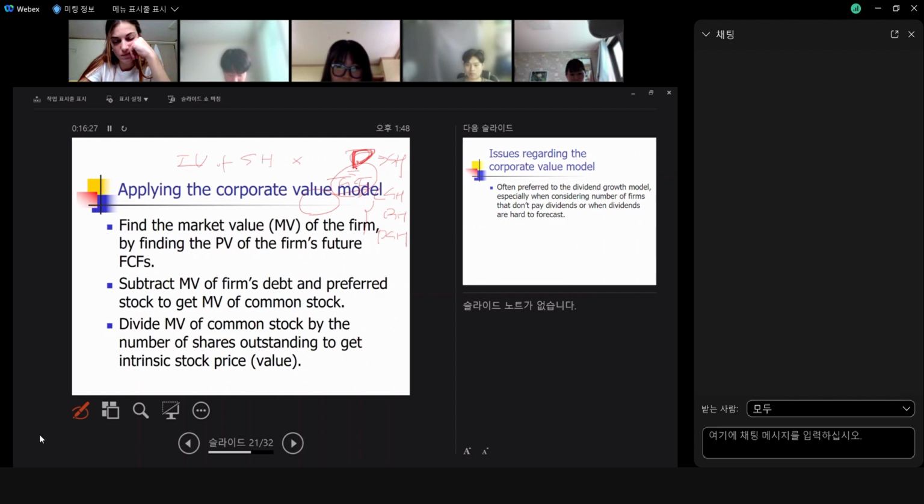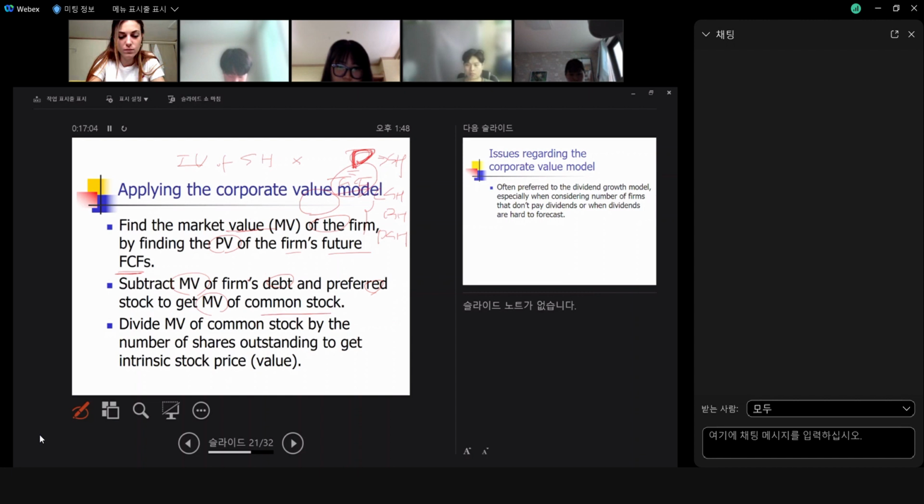In the dividend discount model, we only consider dividends that are related only to stockholders, okay? But in the corporate valuation model, we need to calculate the value of the whole company first, as the market value of the firm, by finding the present value of the firm's future free cash flow, and then subtract the market value of the firm's debt and preferred stock to get the market value of common stock.